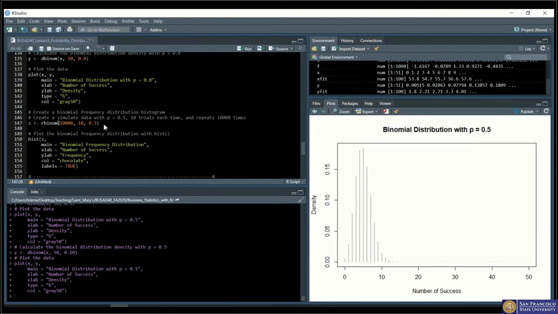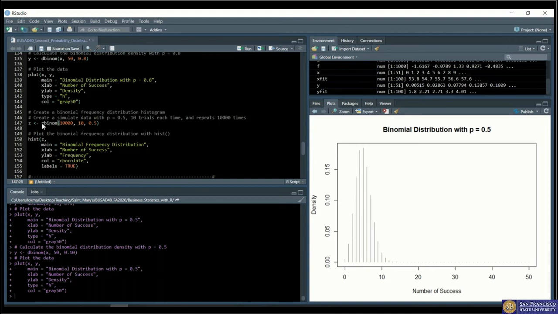The thing is, we want to create some random samples, just like the previous case, right? We wanted some random samples that follow the normal distribution. And now we want to generate some random samples, or simulate some data set, that follows a binomial distribution. So what does it mean?